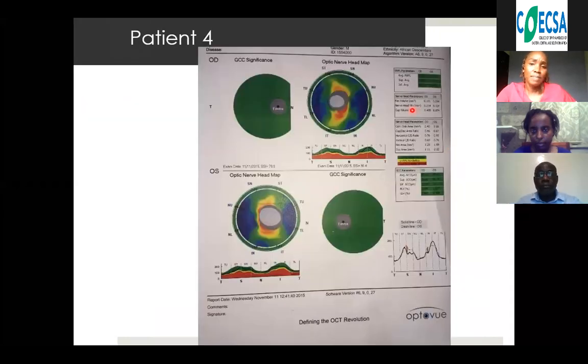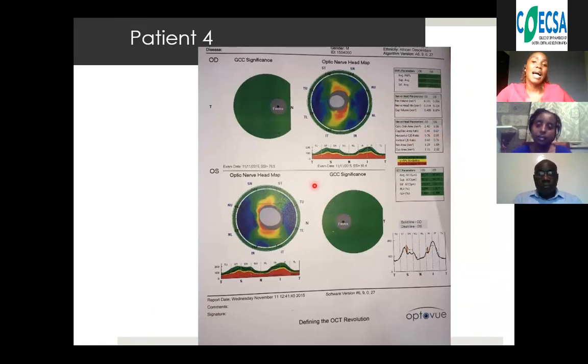This is a patient who has a fairly normal OCT, but sorry, it's a bit small. His disc area on the right was 2.4 and on the left was 3.30. So this patient had disc asymmetry and was actually diagnosed as glaucoma because of the asymmetry.